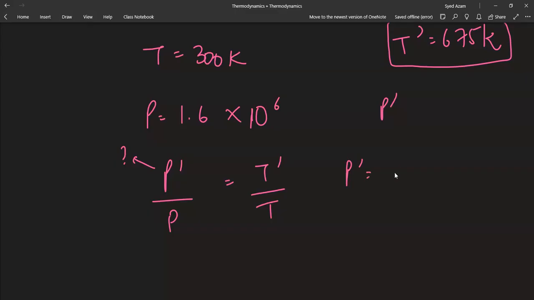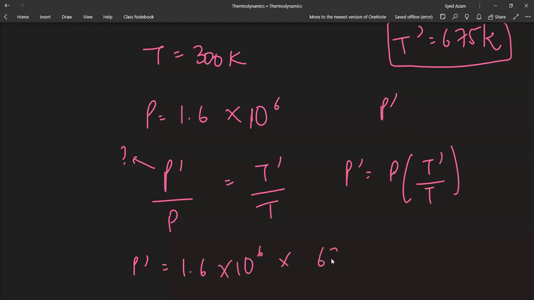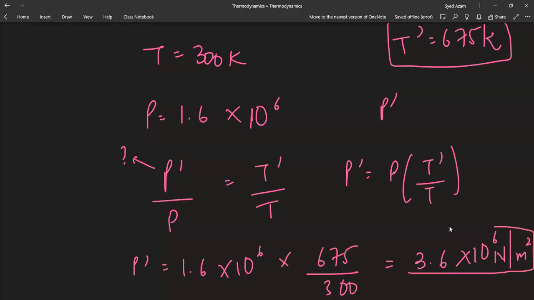So P dash will be P multiplied by T dash by T. So P dash will be 1.6 into 10 to the power 6 into 675 divided by 300. So this will be 3.6 into 10 to the power 6 Newton per meter square. So this will be the pressure.